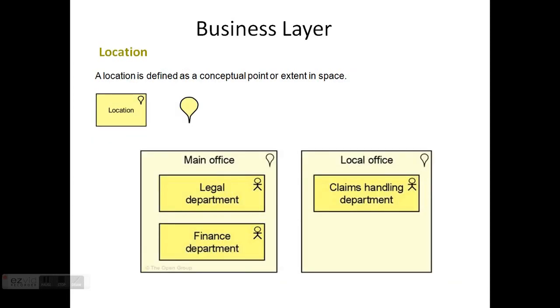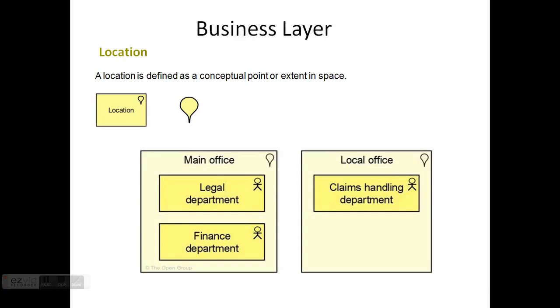Location. The location concept is used to model the distribution of structural elements such as business actors, applications, components, devices, and so on. This is usually modeled by means of an assignment relationship from location to structure element.